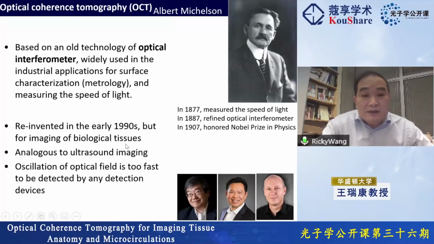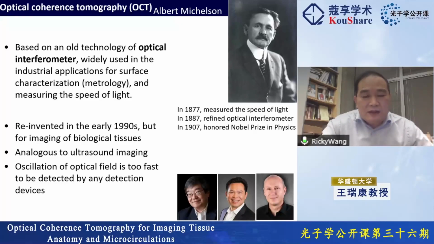In this case, the OCT is really a reinvention of the ancient technology that was invented by Michelson. How OCT works, when you use the Michelson interferometer to look at the human tissue, is really identical to ultrasound imaging.